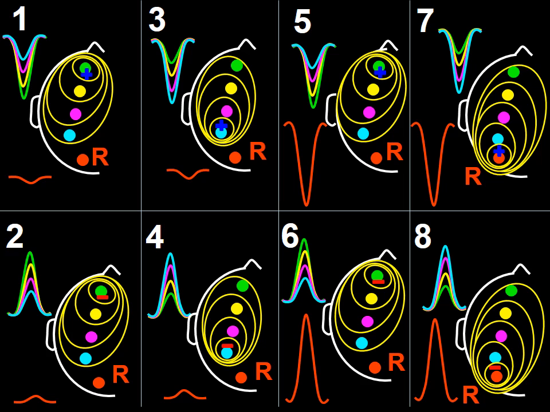Possibilities 1 and 2 represent positive and negative frontopolar fields with the reference being at the minimum. Possibilities 3 and 4 represent positive and negative occipitopolar fields with the reference being at the minimum too.